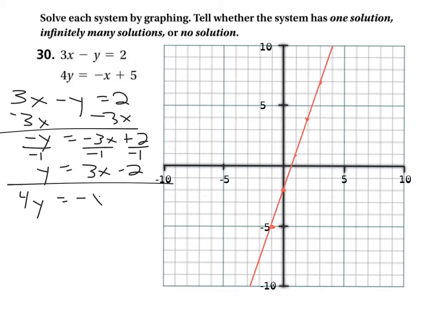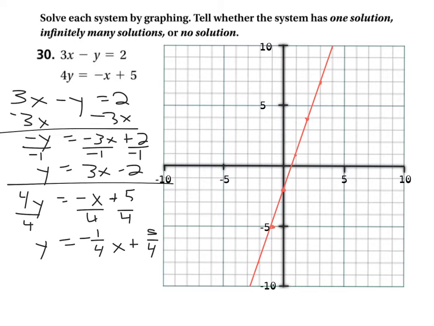Okay, and now we're going to do it again for the other equation, and it says 4y equals negative x plus 5, and I could divide everything by 4, and I would get y equals negative 1/4 x plus 5/4, or 1 1/4.